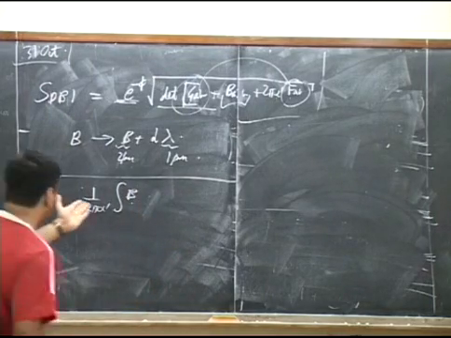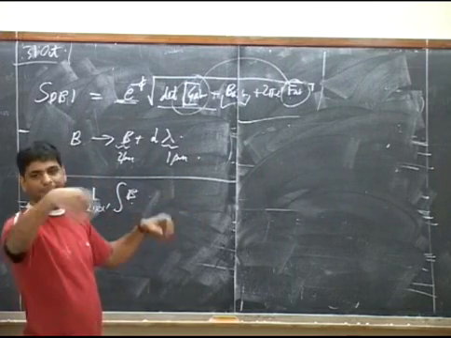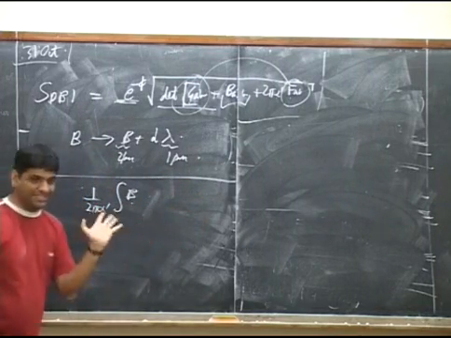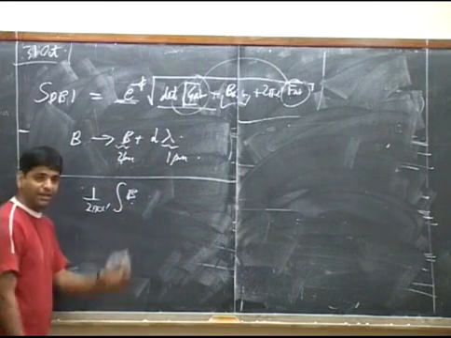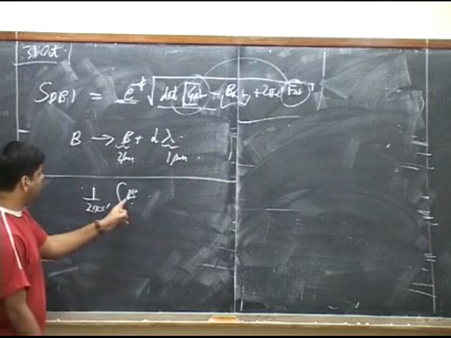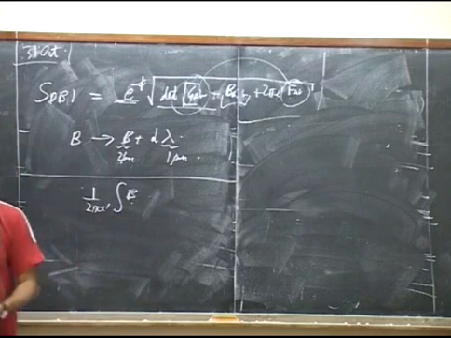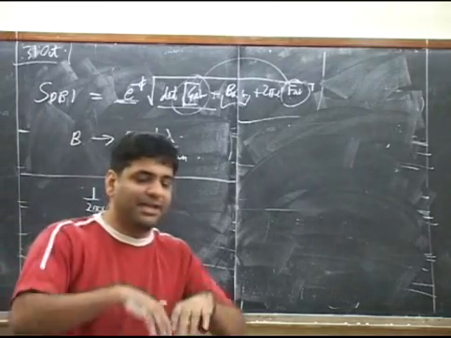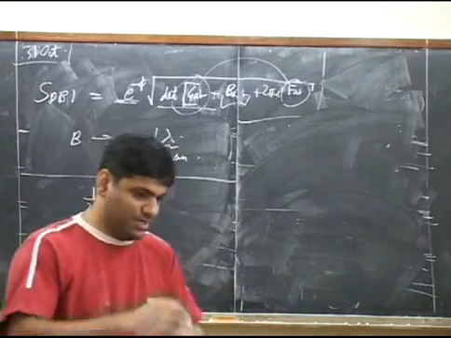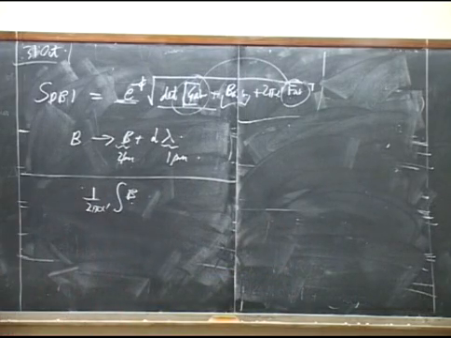We've written this in indices last time: B mu nu, del alpha x mu, del beta x nu, epsilon alpha beta. That's the sigma model. And if we were looking at closed string theory, the shift of B to B plus d lambda does not change the action simply because d lambda integrates to 0 over a manifold with no boundaries.